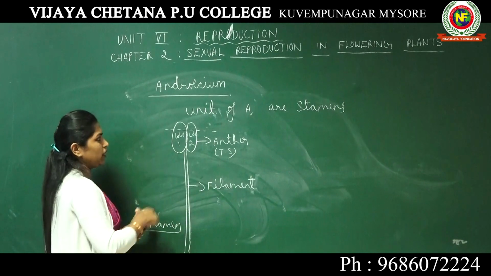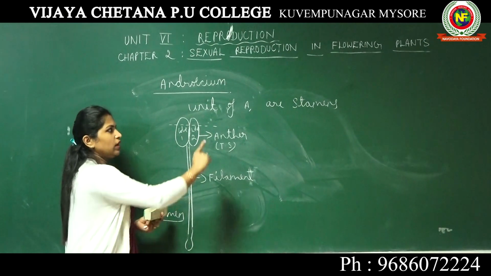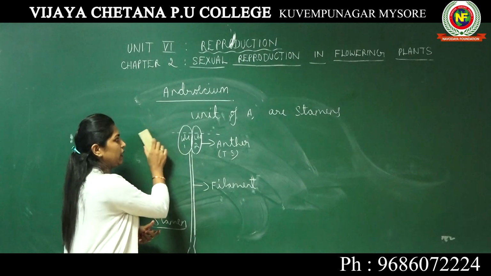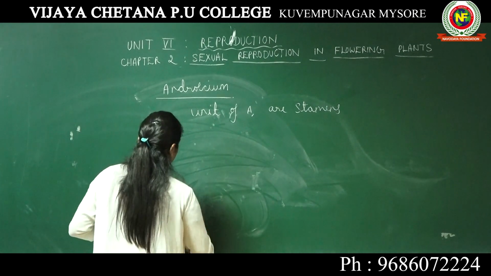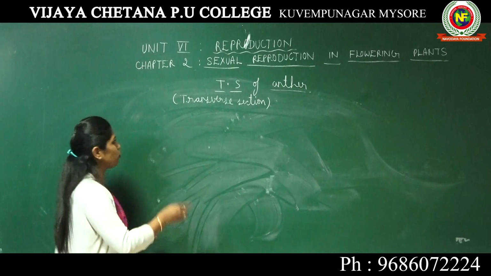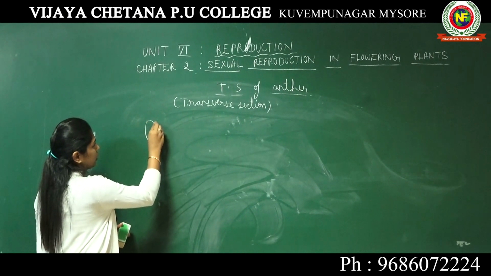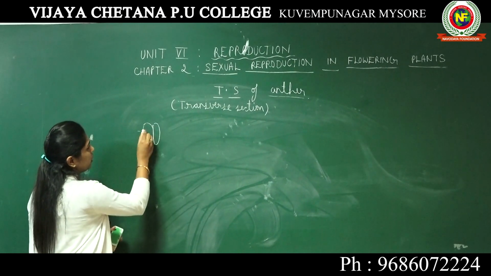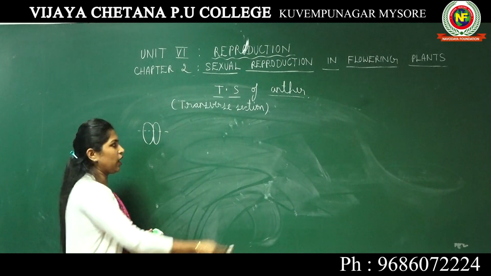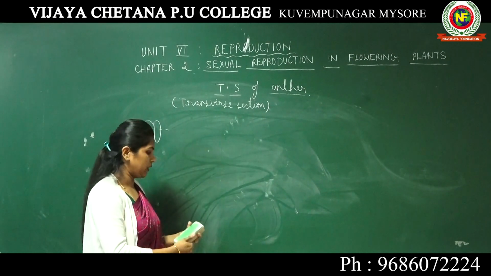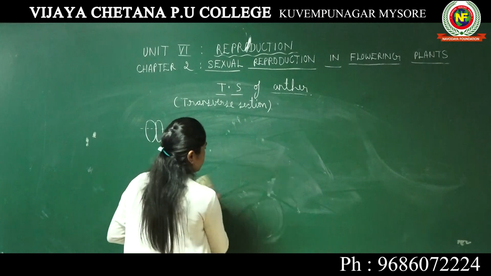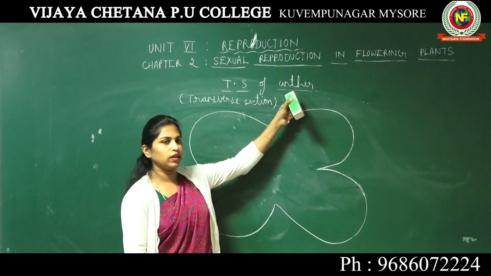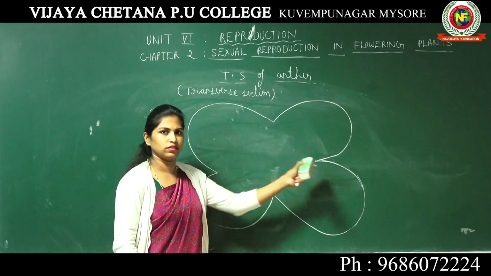That means we take a thin section of this anther and we study it in an elaborated manner. I am taking a transverse section of a bilobed anther and I will draw it here in detail. In outline, it looks like this.